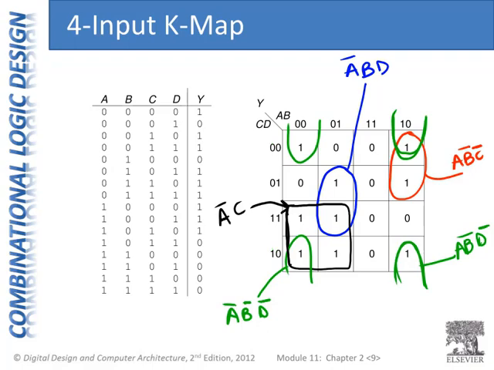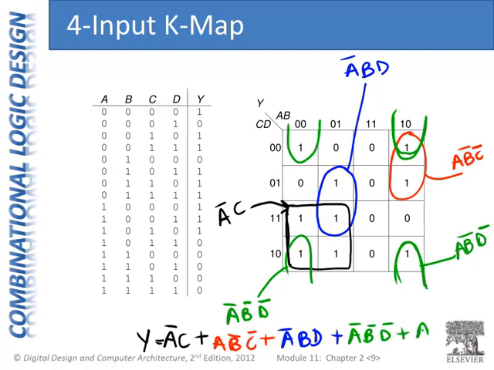So now we write all of these implicants down, and we write Y equals A bar C, or A B bar C bar, or A bar B D, or A bar B bar D bar, or A B bar D bar.